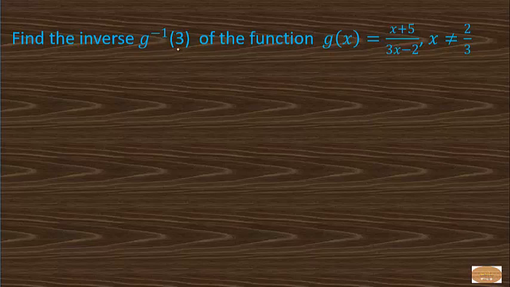Well, this one is different from what we've done already, so we are going to represent this one by y. So y equals x plus 5 over 3x minus 2.